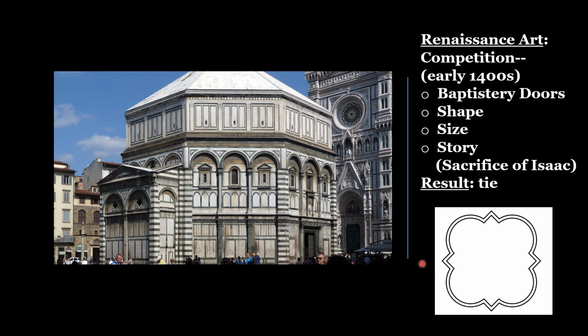Several people entered, but we ended up with a tie. Two people created works, and at first the judges were not really able to determine between the two. They eventually did make a decision for a winner, but at first it was very, very close, and we could say it was a draw for a bit.